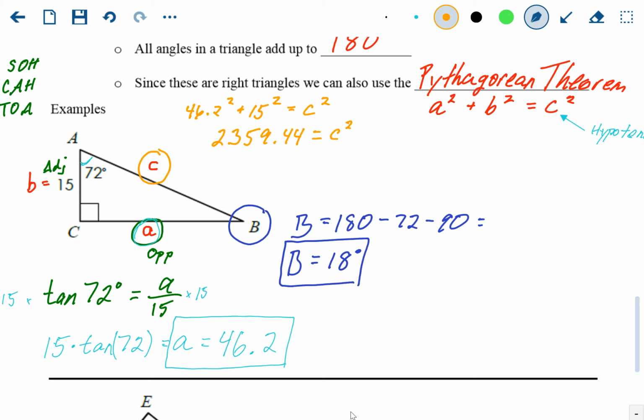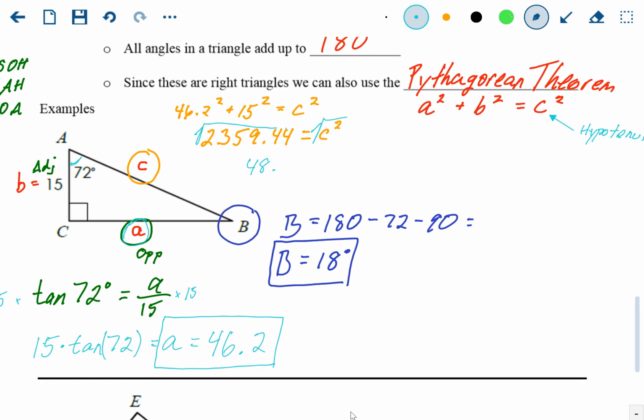Now what a lot of people are forgetting is to do the square root of that. We don't care about C squared, we only care about C. So you're going to have to take the square root of both sides, and you get a C value of 48.6, which is the last missing side.